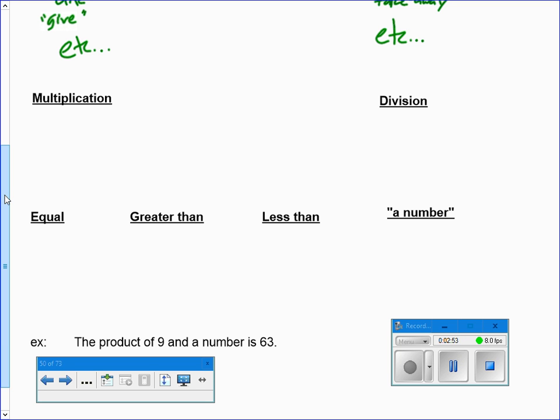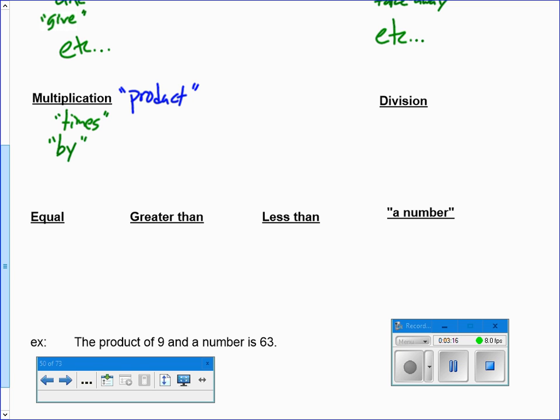Same idea with multiplication. So again, when we multiply numbers in math, we call that a product. But we have some other words that also mean multiplication. Times is what we usually say out loud: 4 times 3. Also, a lot of times in class you hear me say by.